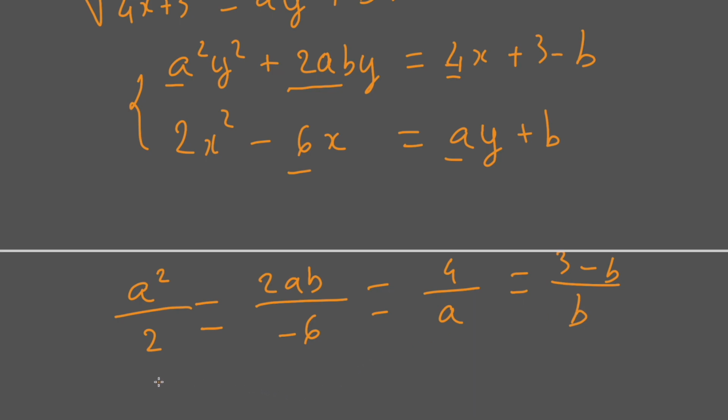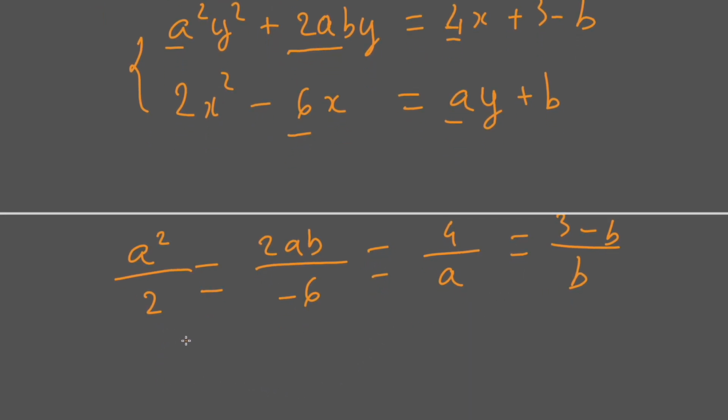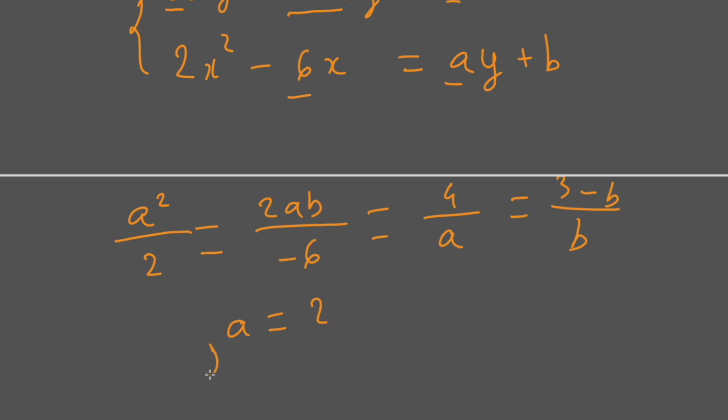So in this case, we just select the numbers. It's very easy to find. It's a equal to 2 and b equal to 3, negative 3, sorry. So that is the way we find the values to put in the substitution.